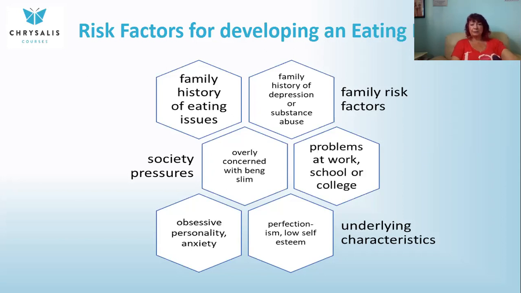So if somebody's got a lot of these different things, they're obviously going to be more at risk. And the Department of Health estimate that over 1.6 million people are directly affected by eating disorders. And reports estimate that 25% of people struggling with eating disorders may be male. And on average, the disorder starts between the ages of 16 and 18.